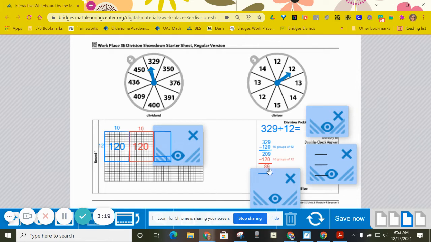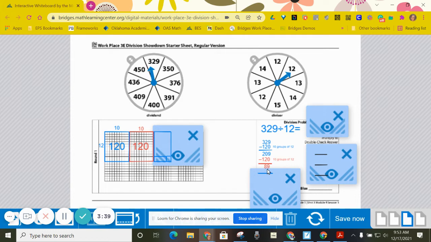Because we're sitting at 89, and it goes back to the blue player's turn, they have to think about it. They're not going to be able to do another 120 because we have less than 120 left here.